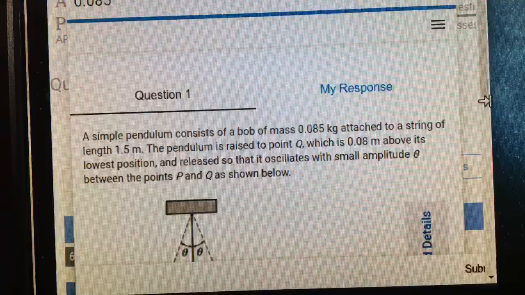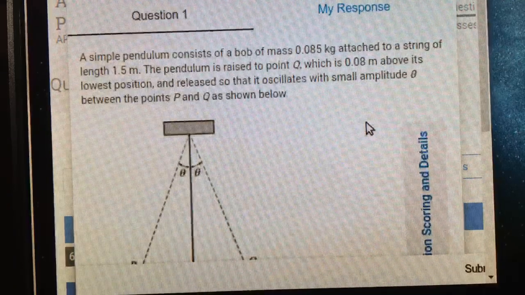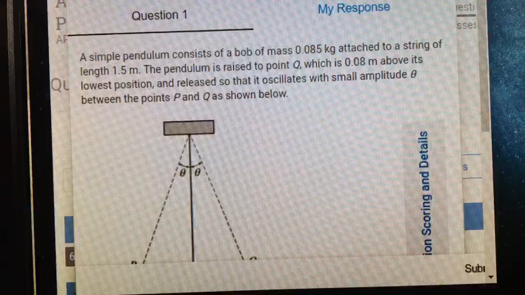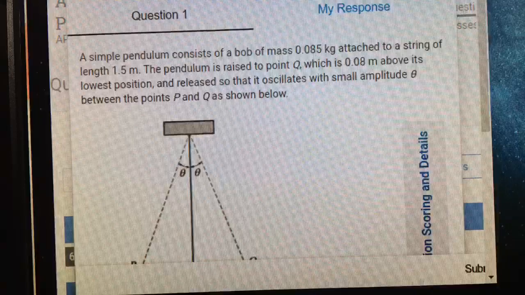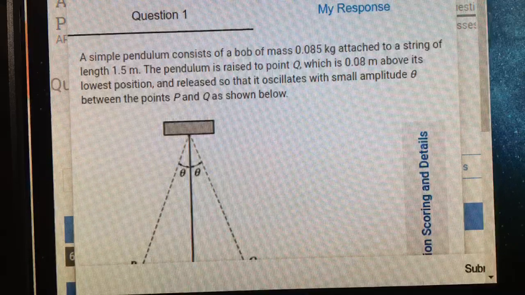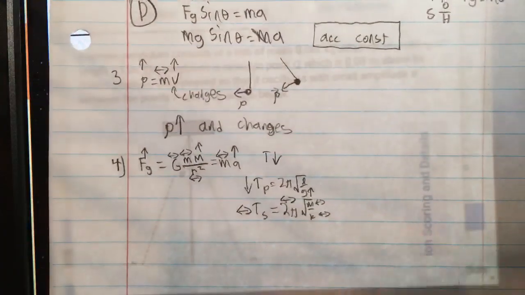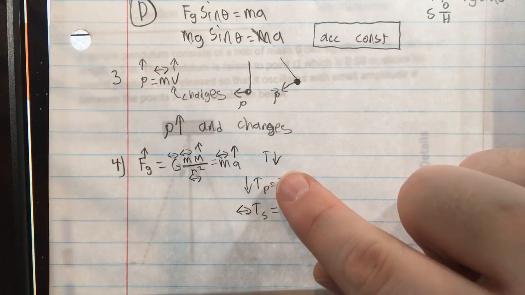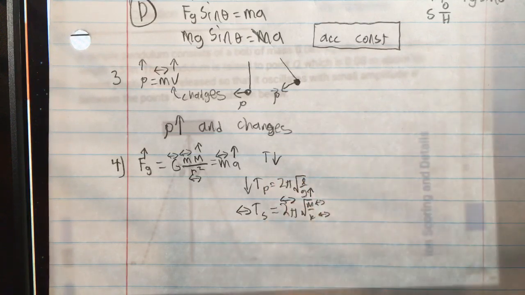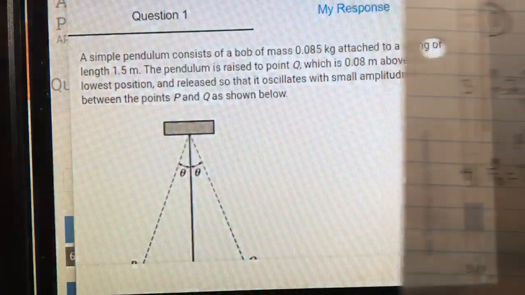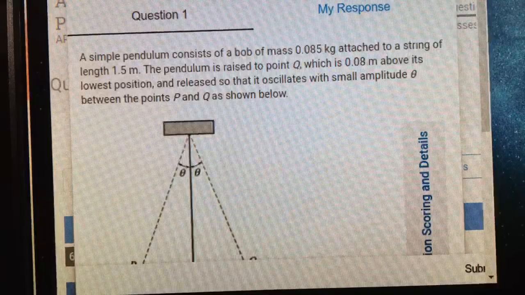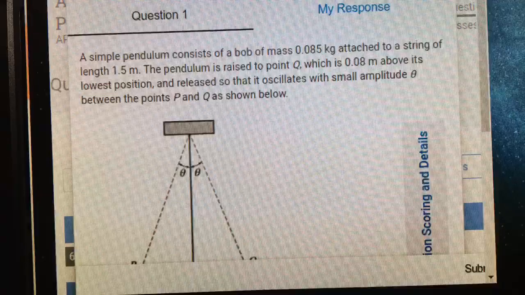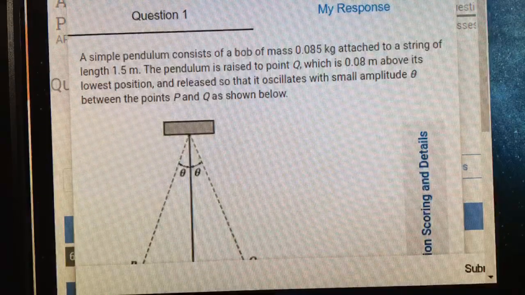Whichever one this is for you, the answer for 4, I don't know what the exact letter is for you, but the period of the pendulum goes down, but the spring has a constant value. All right, number 6 then.